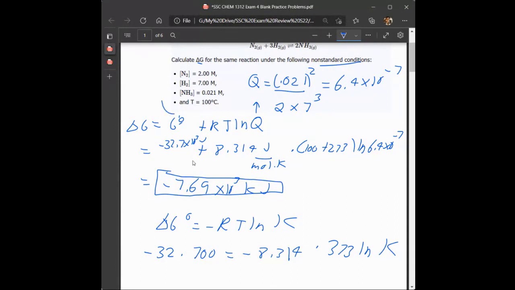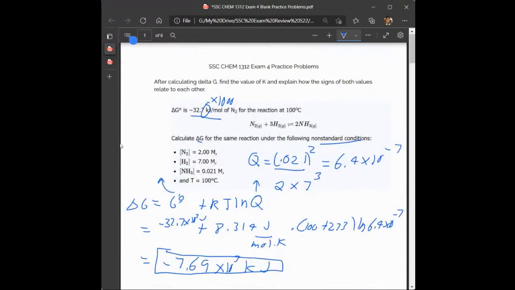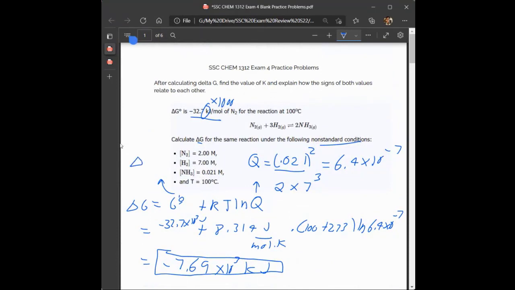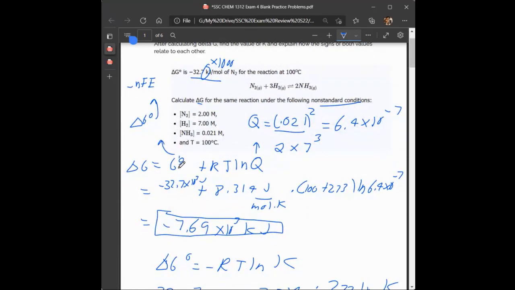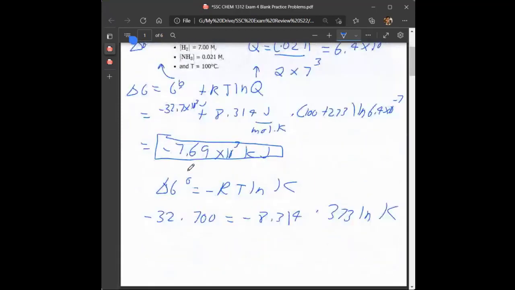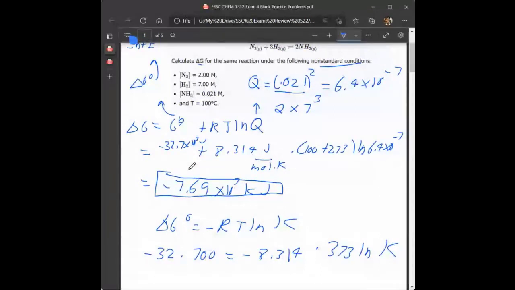So in this problem, delta G naught was given. If delta G naught was not given to you, you would have to do minus nFE. But that's only for something like an electrolytic cell, and we're not given electrolytic data here. So in this case, since we're not given electrochemical data, delta G naught is given for us. I hope that answers your question. And if it doesn't, let me know.